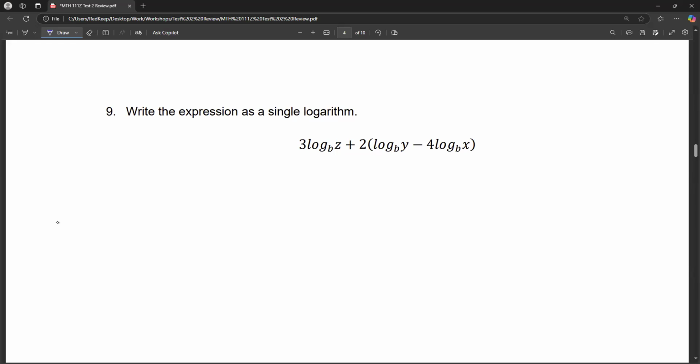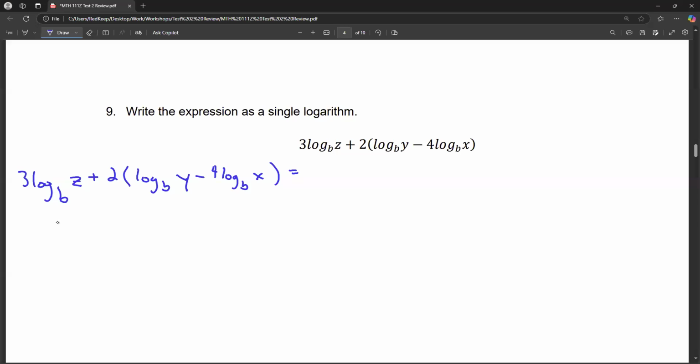So we can totally combine these, right? And so we have initially 3 log base b of z, plus 2 times log base b of y minus 4 times log base b of x.